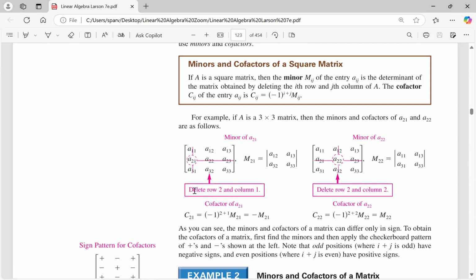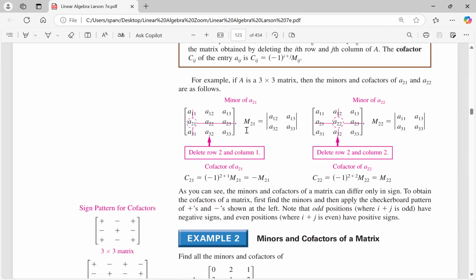So in what he has here, for example, let's say we have the general form of a 3 by 3. He wants to find the minor of A sub 2,1. That means the minor of the element in the second row, first column. How do we find the minor of A21? If you look, he has a vertical line and a horizontal line through it. That means he's deleting the column and the row that A21 appears in.